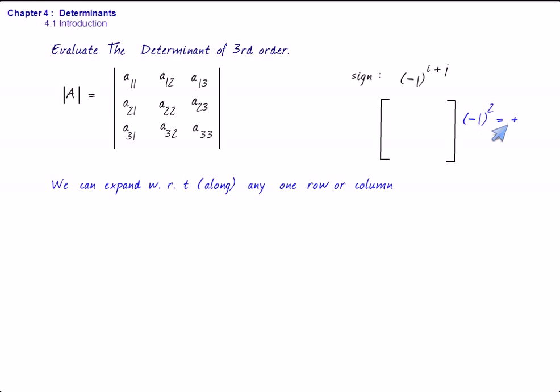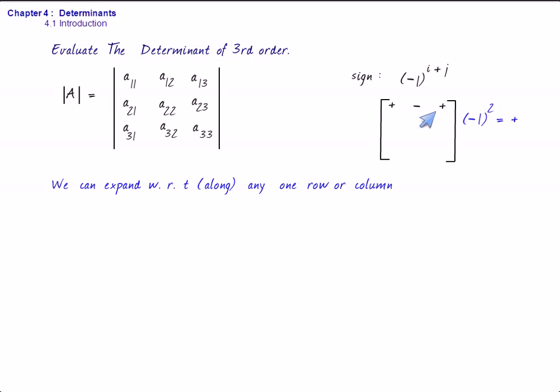So we'll take plus. And then minus 1 to the power 1 plus 2 will make it 3, so it will be negative. Then with 1, 3, see 1 plus 3 is 4, so minus 1 to the power 4 will make it positive.